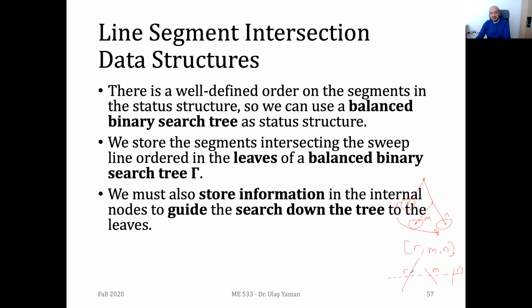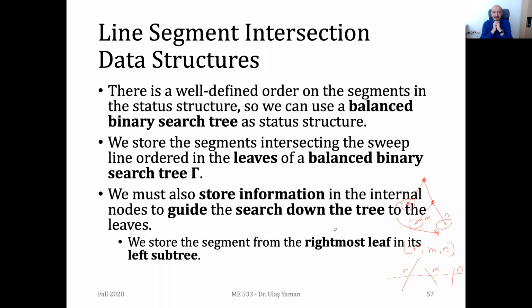And also we need to have some kind of a rule so that we will be easily going to the leaves of the data structure. If you don't have a rule, then things will be complicated, or you will not be able to decrease the computation time. So for that purpose, we define a rule.